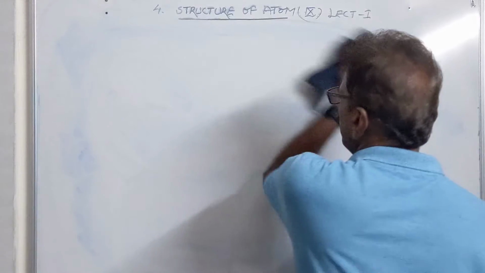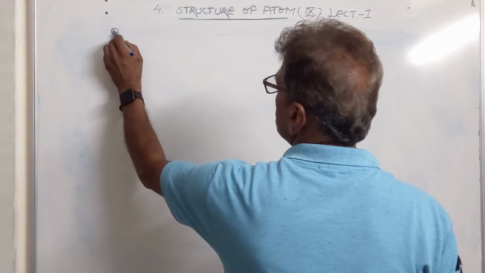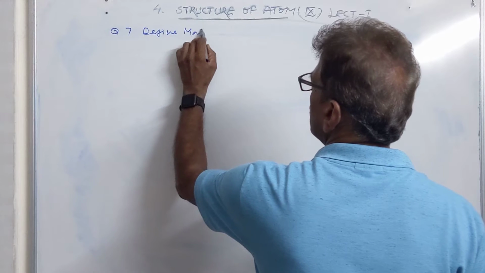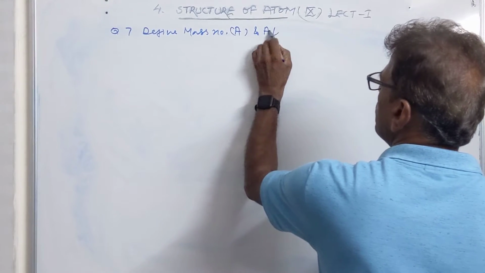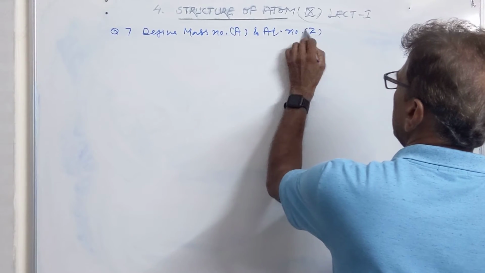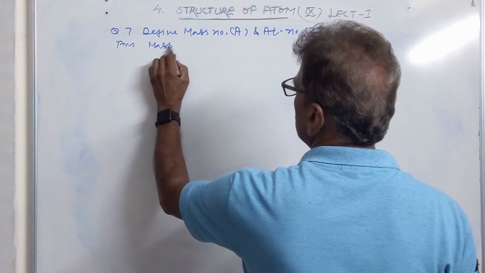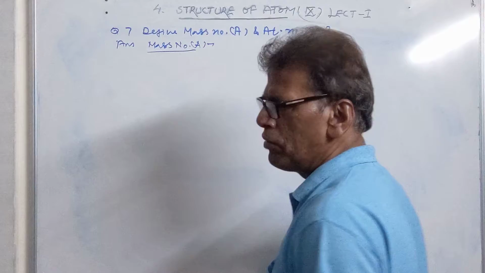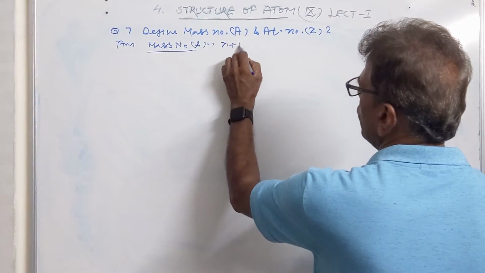So we have these two important definitions. What is mass number and what is atomic number? Define mass number, that is A, and atomic number, that is Z. So the answer: mass number is defined as the sum of the nucleons, neutrons plus protons.